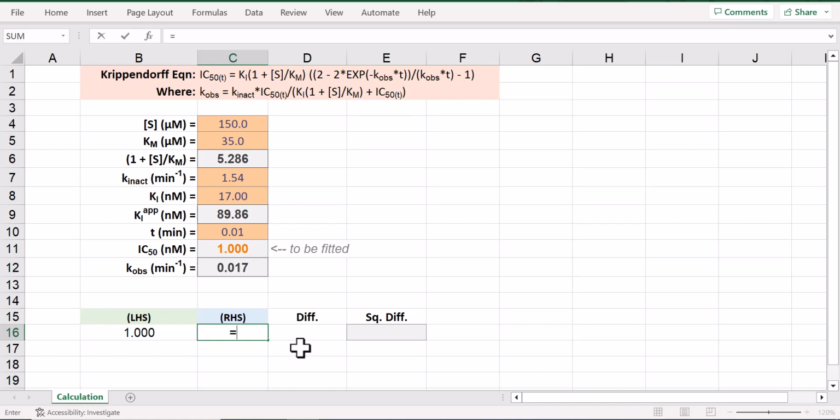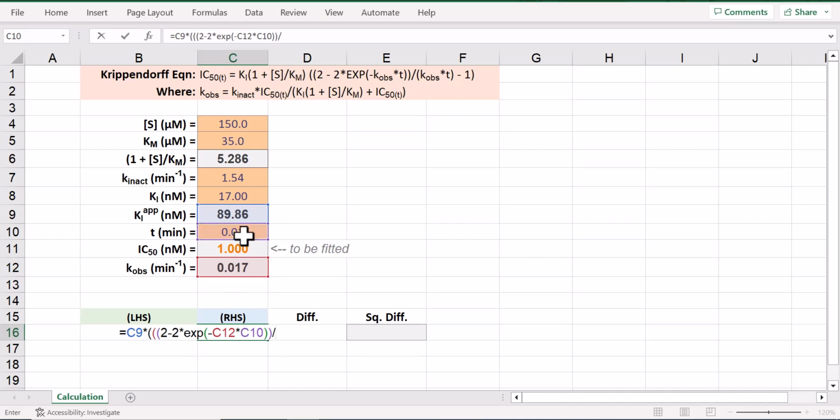It's equal to the Ki apparent, C9, times 2 minus 2 times e to the power of minus K-obs, or C12, times the time of the assay, C10.